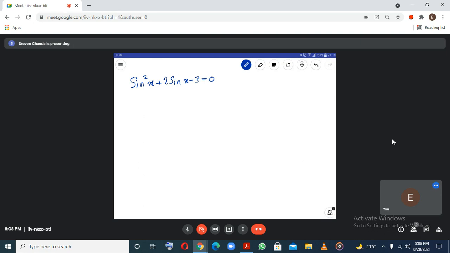Interesting, I love this. So now, looking at it like this can be tricky. So what you do is you say y is sine x. Or if you want, you can just make this on somewhere.